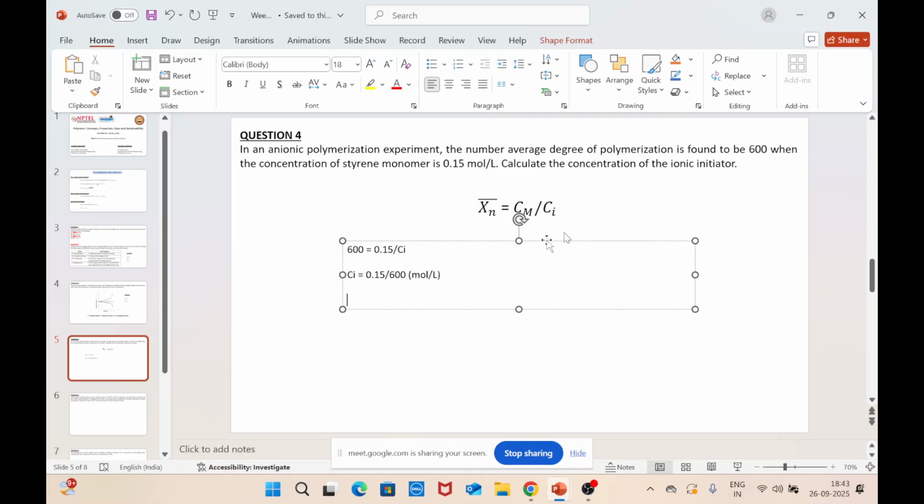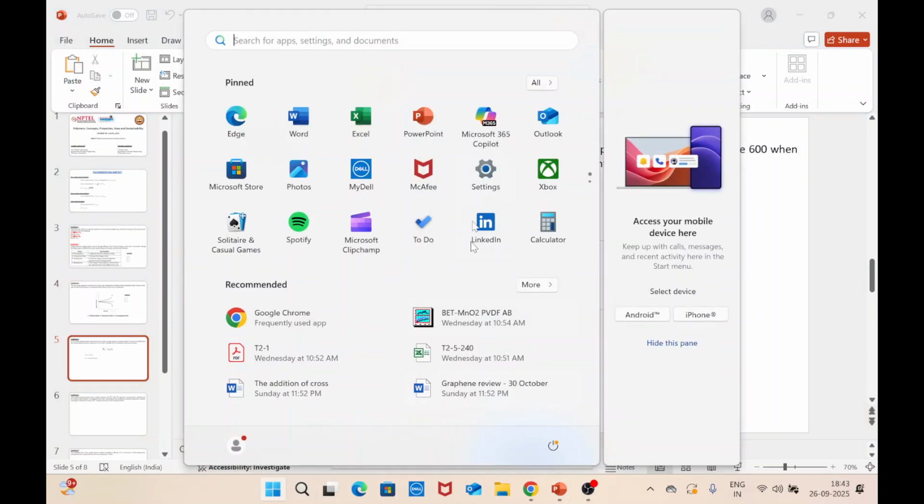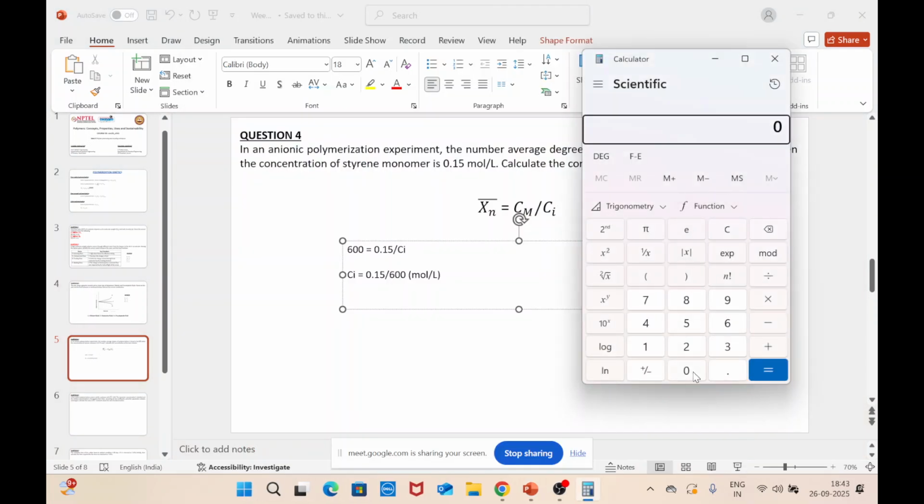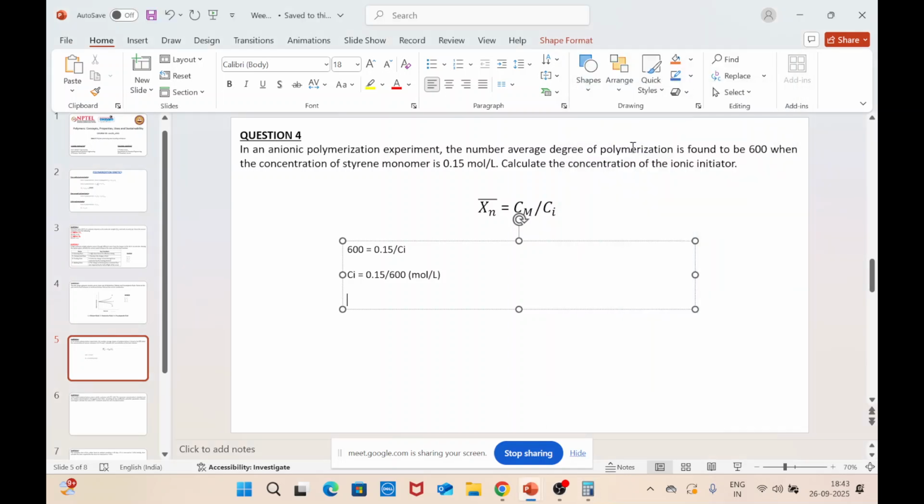So what is 0.15 by 600? It is 0.25 times 10 to the power minus 3 mole per liter.